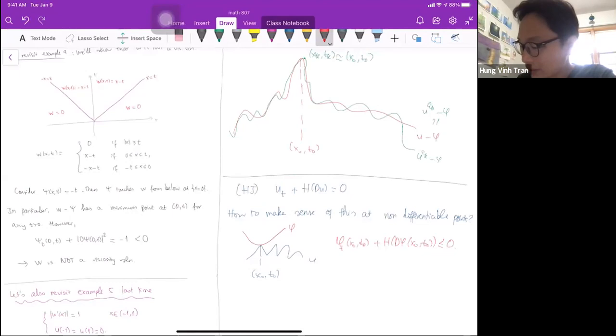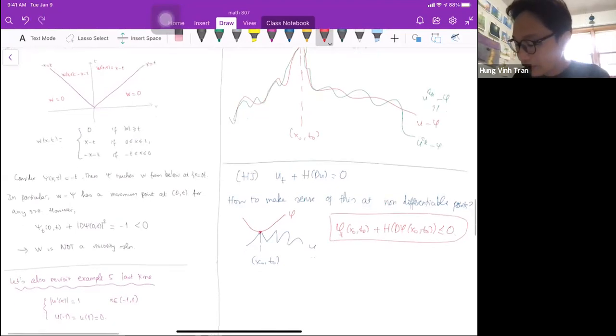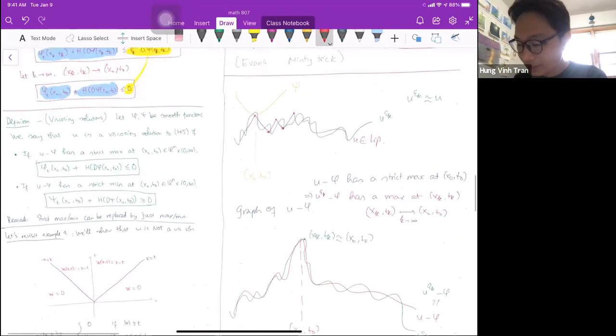This is an additional requirement at points where ut and du are not defined. However, I'm replacing ut and du by phi t and d phi, and phi is smooth, so that makes total sense. That's really remarkable. This is the first point, the so-called sub-solution property, which I wrote here.